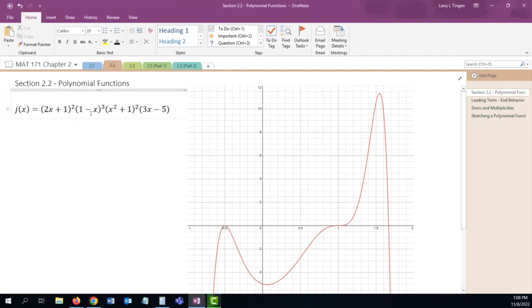But let's take a look at the factors, right? If I want a product of multiple factors to be 0, all I have to do is get one of them to be 0. For this case, I have 4 factors in this equation, j of x. If I wanted j of x to be 0, all I have to do is make one of these factors 0.